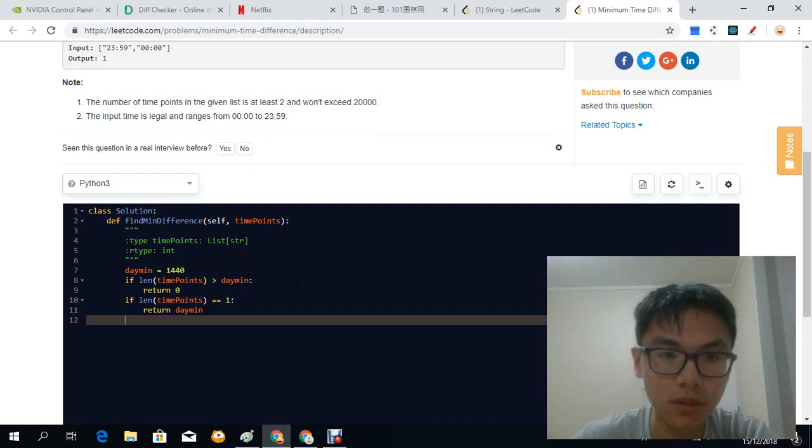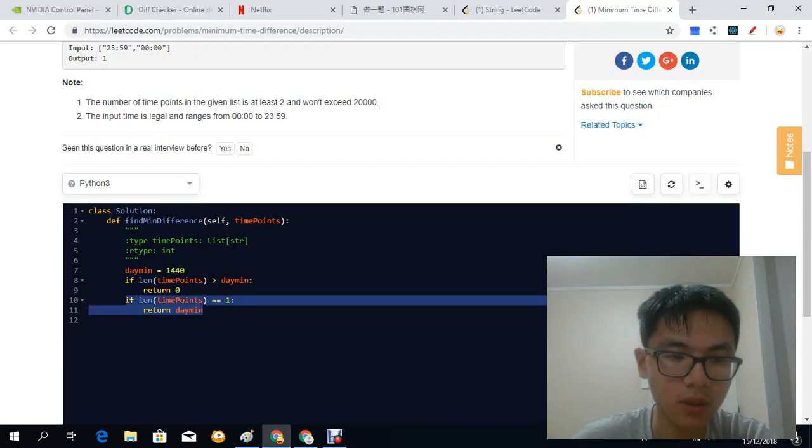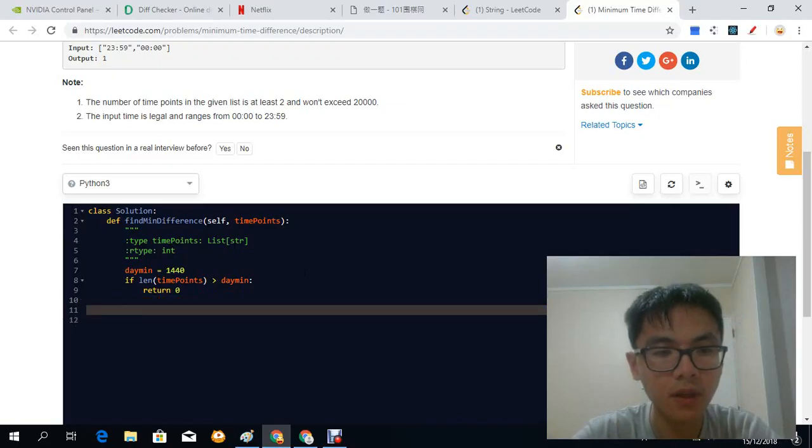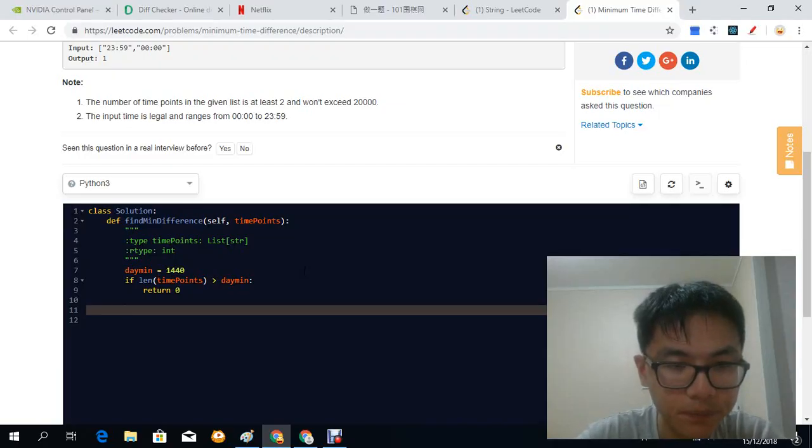That is not a good case. But now I look at this sentence, it says the number of time points in the given list is at least 2, therefore I don't think we need this exception. Okay, let's move on.